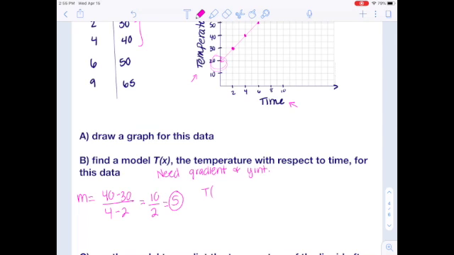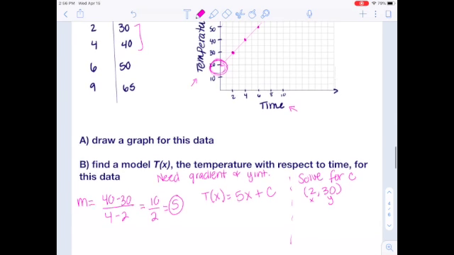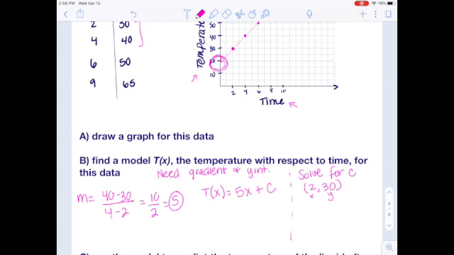We're going to take this gradient and start to write the rule. So we know T of x is equal to 5x plus c, which is our y-intercept, which, looking at our graph, we can sort of tell is around 20, but I'm not entirely sure. So to solve for that c, we're going to plug in one of the points we know. So we know 2, 30. That's an x value and a y value that we're going to plug into T of x is equal to 5x plus c.